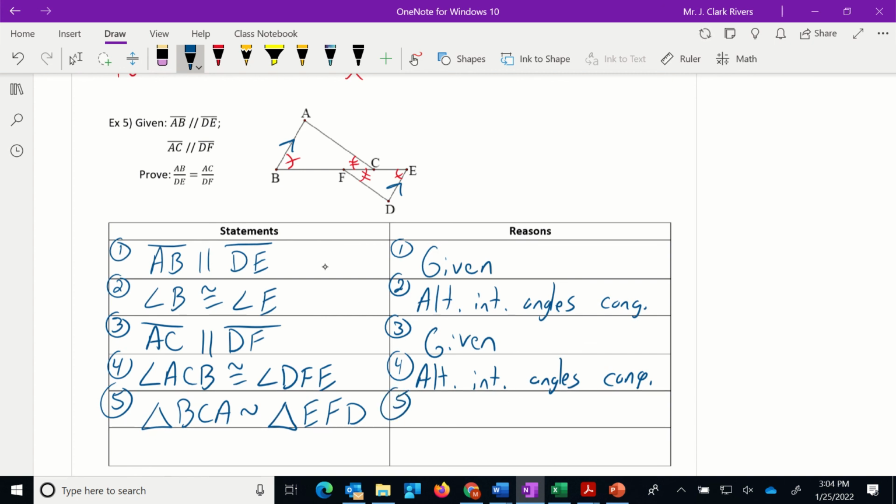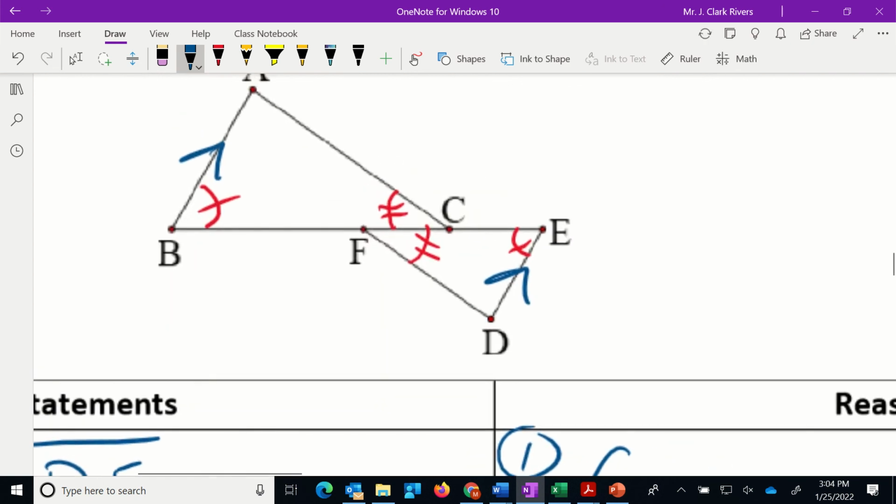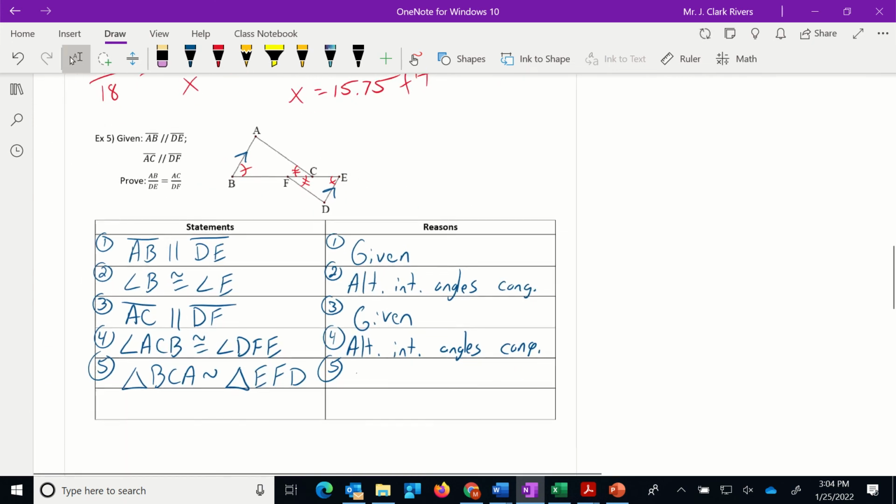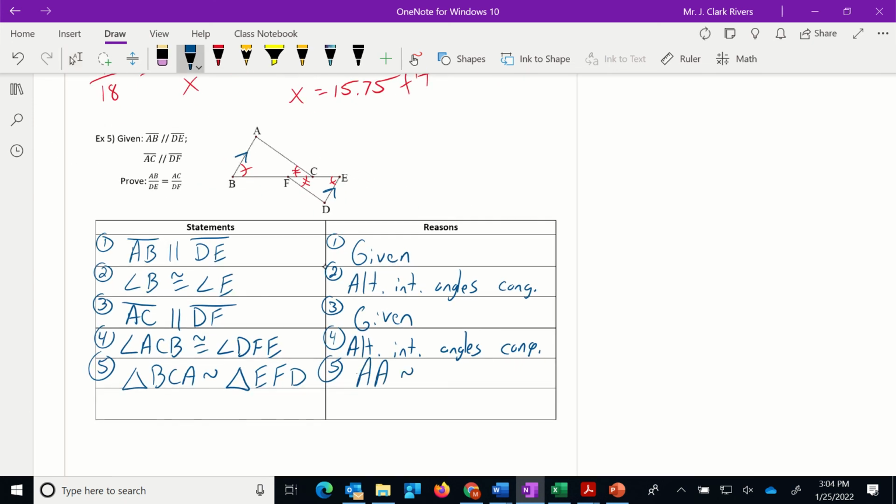Colin, what do you think? Reason on 5. How do we know those two triangles are similar? Well, look at the figure. Look right there. How do you know those two triangles are similar? It's angle, angle.